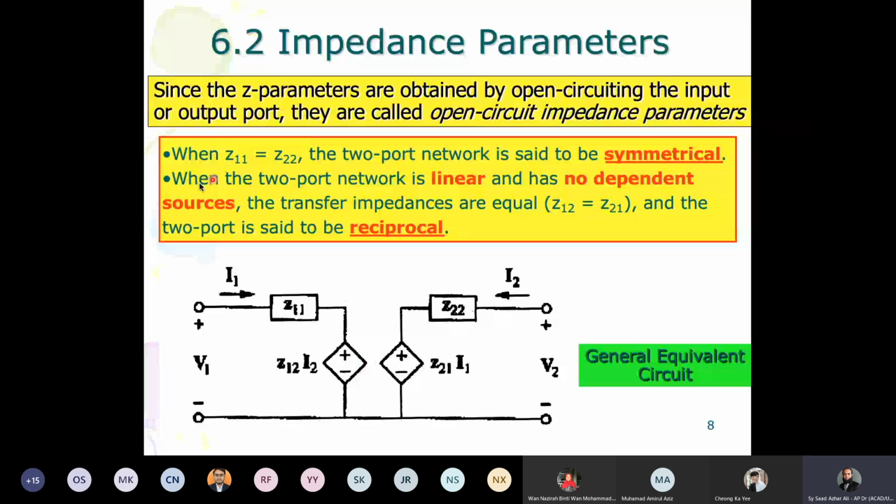When the two-port network is linear and has no dependent sources, the transfer impedances are equal, Z12 equal to Z21, and the two-port is said to be reciprocal. Reciprocal because you look from this side or this side, they will be the opposite, I believe. Okay, this is just informatory.